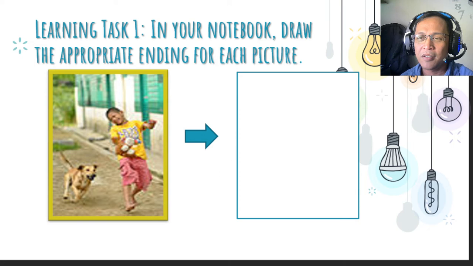Draw the ending that you have imagined, or that you think would happen next, based on the picture. Use the picture as reference as to what will happen next, or what would be the possible ending for the picture.